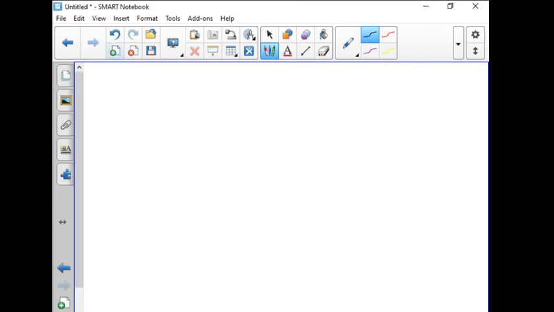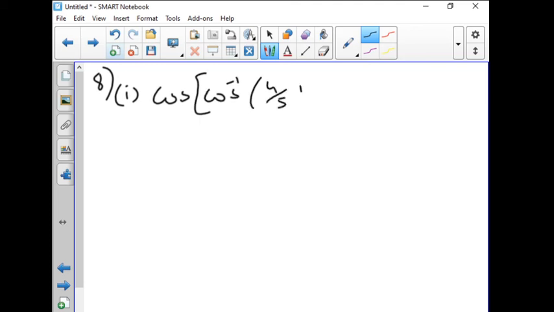Okay. Now we will go to the next question, 8th question. Two subdivisions are here. So what about the first one? First subdivision, cos inverse of 4 by 5 plus sin inverse of 4 by 5 we have to find.